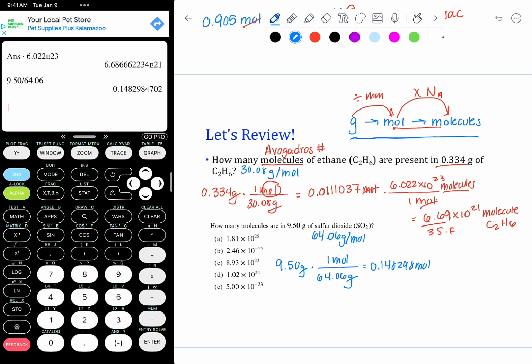After we get to moles, we're going to multiply by Avogadro's number to get to molecules. So just like we did before, 1 mole is equal to 6.022 times 10 to the 23rd molecules.